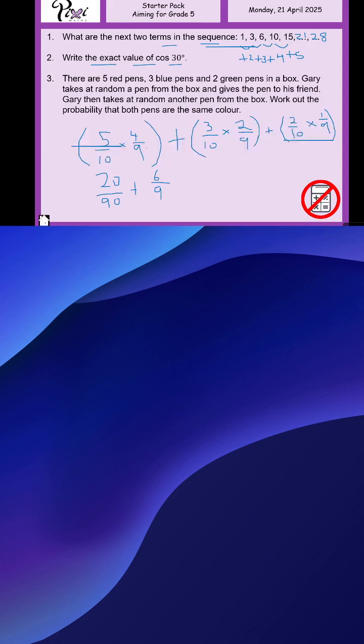And for this third one, 2 times 1 is 2 over 10 times 9, which is 90, so 2 90ths. When we add fractions, we add the numerators, because I've got one denominator. 20 plus 6 plus 2 makes 28 90ths.